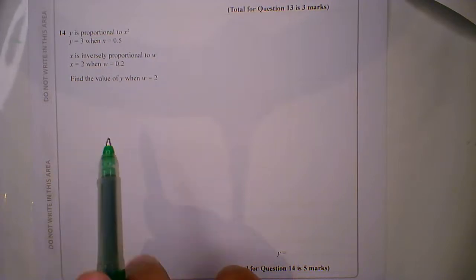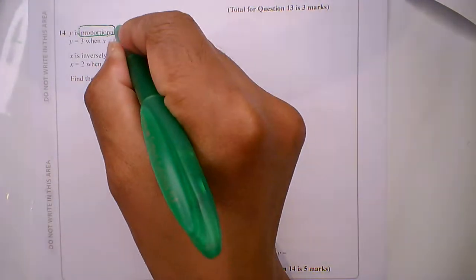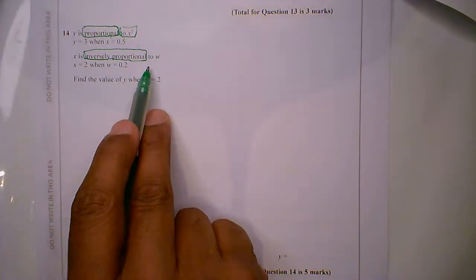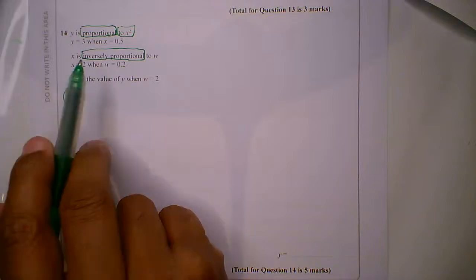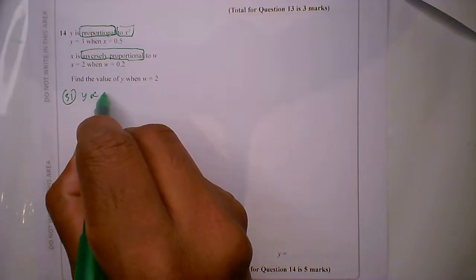So there's quite a lot going on. First of all, this is proportional to, and it's x squared, so that's important. And then we have inverse proportion. And then we notice that the letters change to w. So step 1 is to use proportion. y is proportional to x squared.